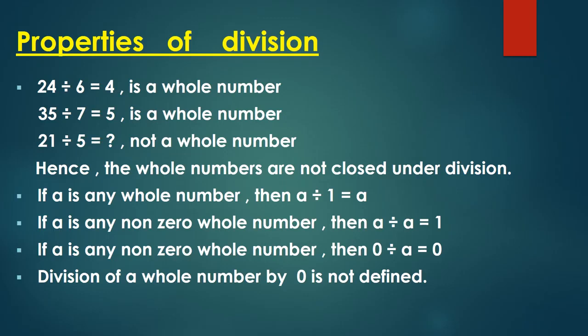Next, if a is any non-zero whole number, then 0 divided by a is 0. Means when we divide 0 by any whole number, our answer is 0. Division of a whole number by 0 is not defined. That means we cannot divide any whole number by 0. It is not defined.